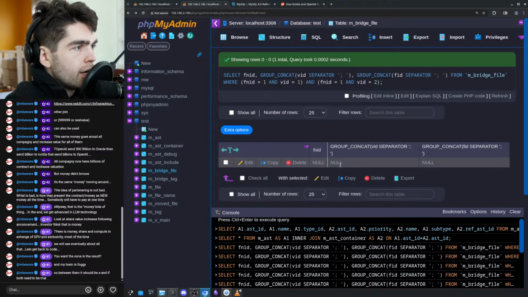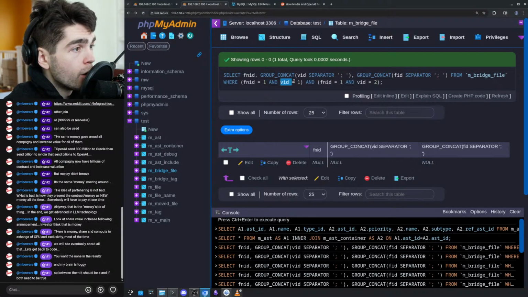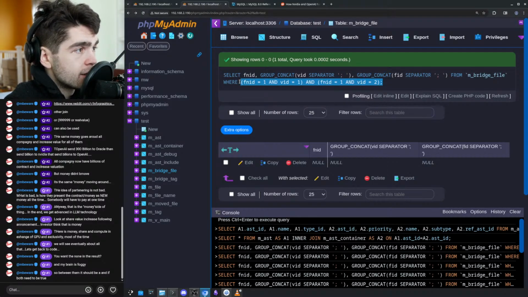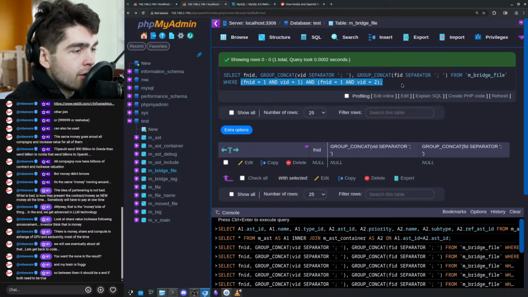So here we have none, right? But we do have something at FNID1 that has one row for VID1 and one row for VID2. This construct exists. We have a specific FID with these two values being true.